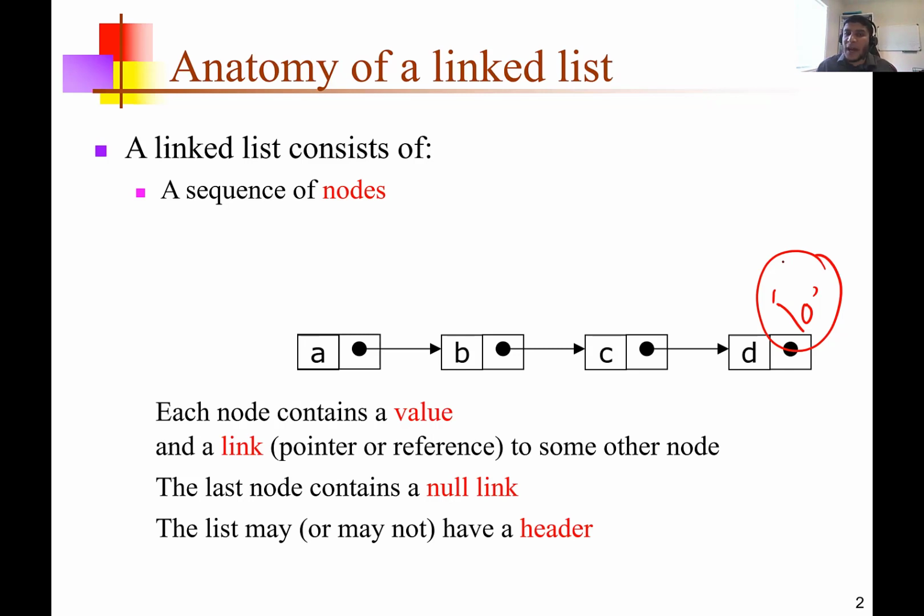And to be able to access your list easily, you need a pointer to the first element, because otherwise, if you don't have any of the addresses of the nodes, you will not be able to access it, right? So let's say generally, you have what we call a header pointer or reference to the first element. And this is the only thing you need to know. And afterwards, you can access any element using these links that you have, right?